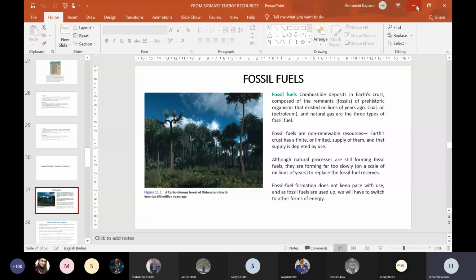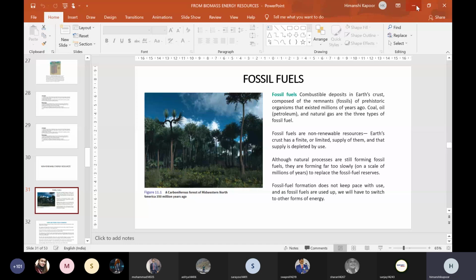So this was the actual process of metamorphosis. It is basically extinction of plants and animals and then their slow decomposition, and this did not happen overnight. It is a continuous process and it took many years.